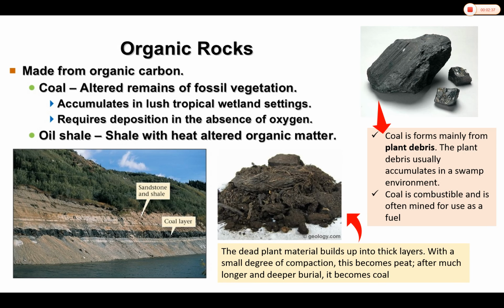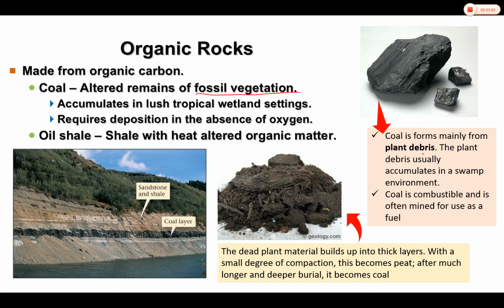And the organic rock is made from organic carbon, normally the fossil of the vegetation from the plants. For example is coal, arang. It accumulates in large tropical wetland settings. It requires deposition in the absence of oxygen.